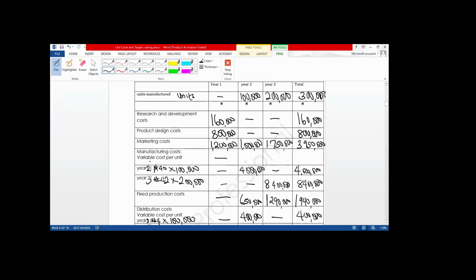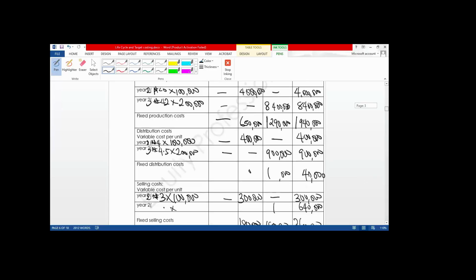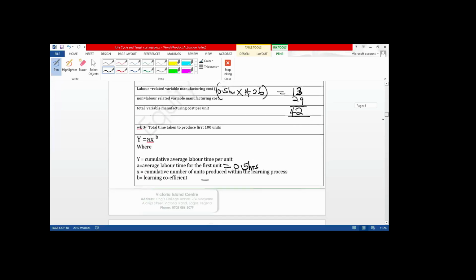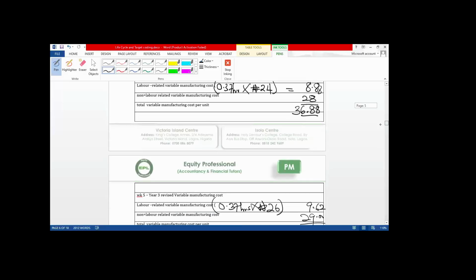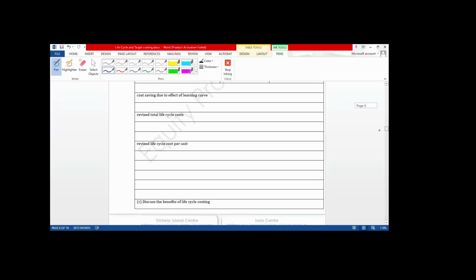Without learning curve, year 2 total is 4 million and year 3 total is 8.4 million. Can you see that the cost has reduced?